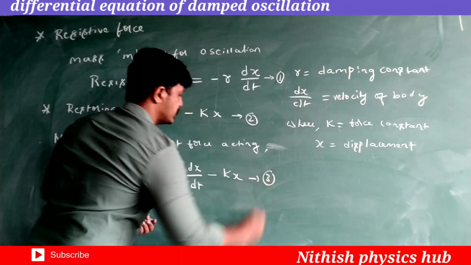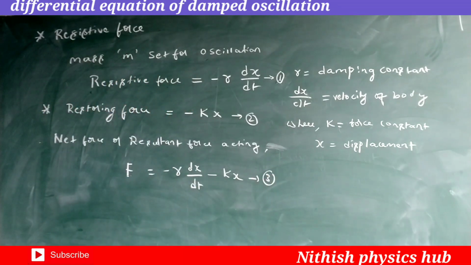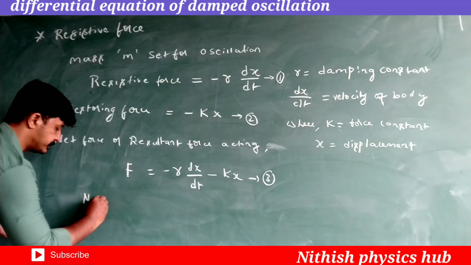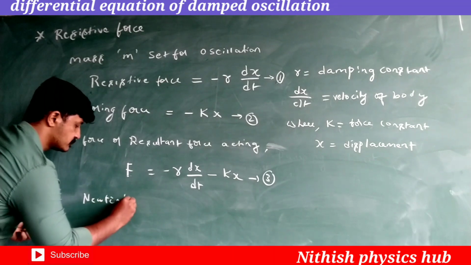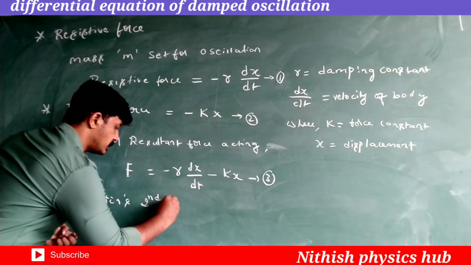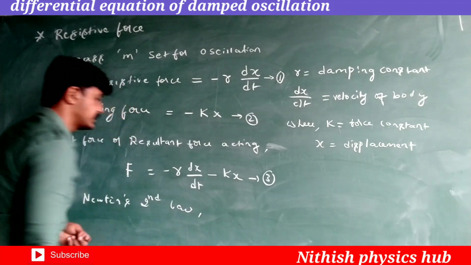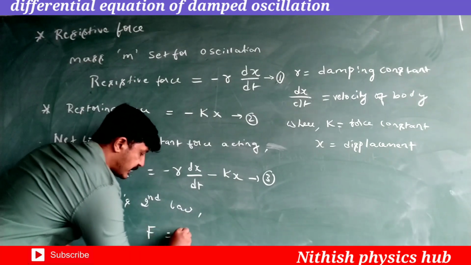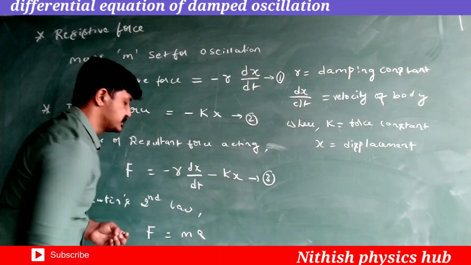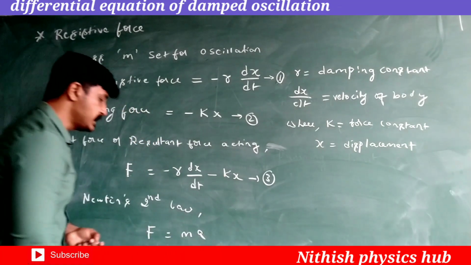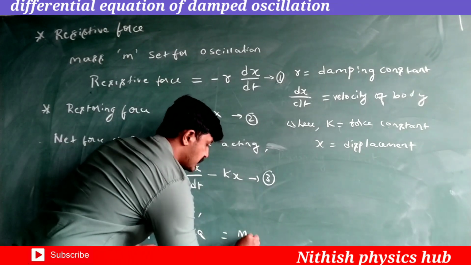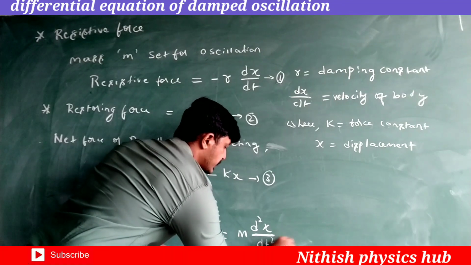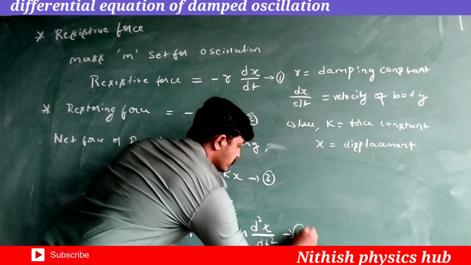Take it as equation number 3. So we all know that according to Newton's second law of motion, the force is given by mass into acceleration. In terms of derivative, I can write this as mass into d square x by dt square. Take it as equation number 4.